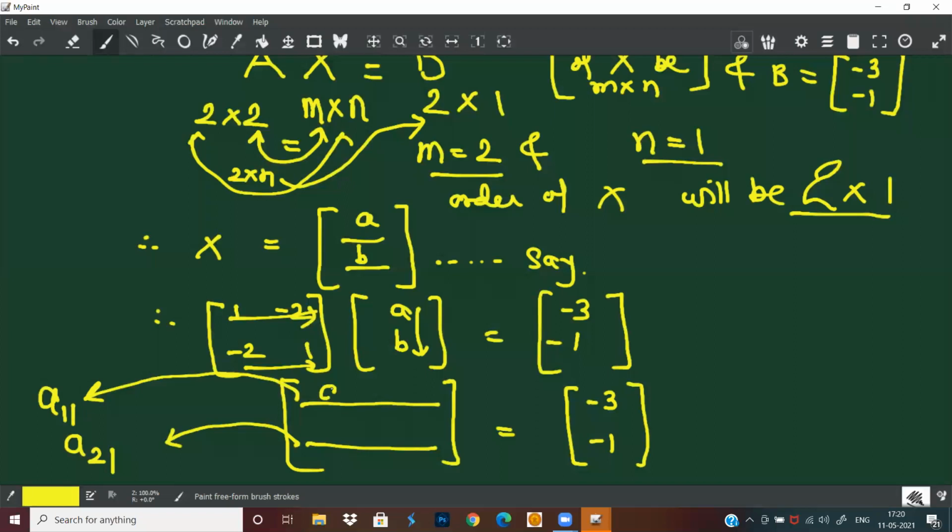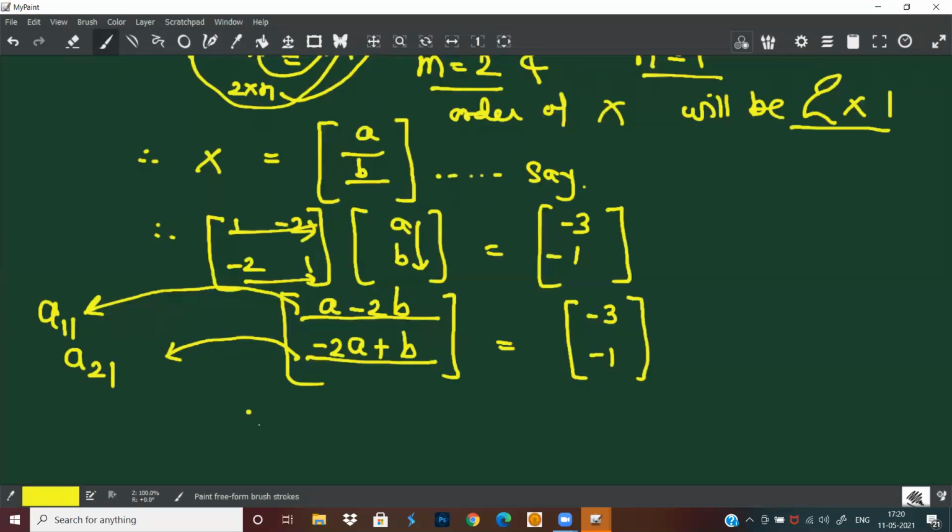सो इट इज 1 इंटू ए प्लस -2 इंटू बी। एंड इसके लिए यूज करना सेकेंड रो एंड फर्स्ट कॉलम। सो -2 इंटू ए प्लस 1 इंटू बी। करेक्ट? Then equate the coefficients.